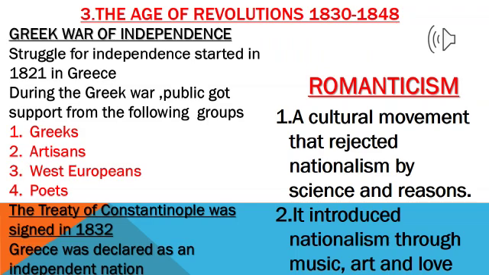Then finally, the Treaty of Constantinople of 1832 recognized Greece as an independent nation, and finally it was declared independent. Then, children, all these revolutionary ideas came through the love for their country. So we can name it romanticism also, children.